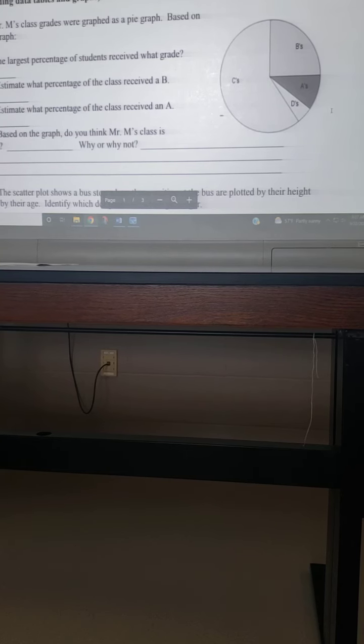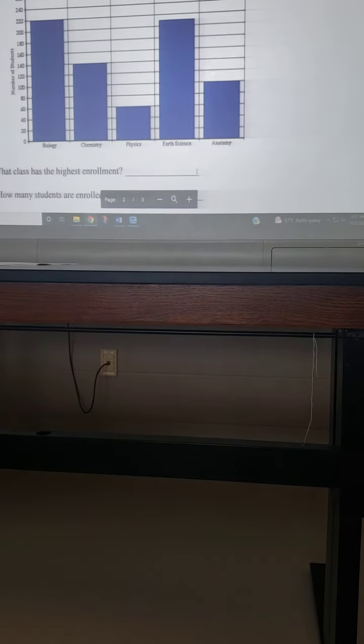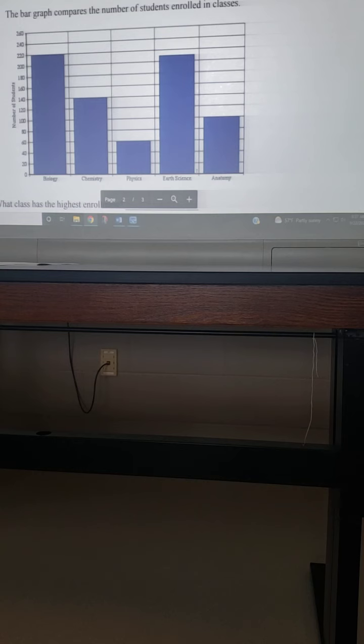So defending your answer is what I'm more interested in than whether you get exactly what I'm thinking you should be answering, right? A lot of times there are a lot of correct answers, and that's where the analyzing part comes in. If you're looking at that data, what's that data telling you, right? And if somebody else sees it differently, then you can discuss it and say, okay, I see it this way, no, I see it this way, and you get both points of view that way.